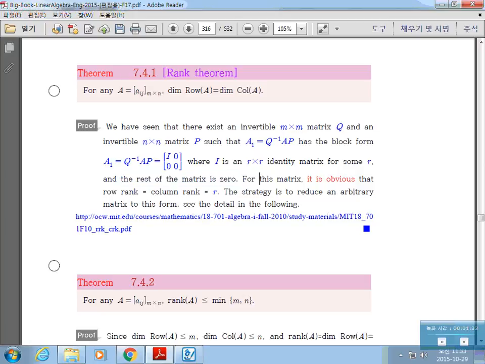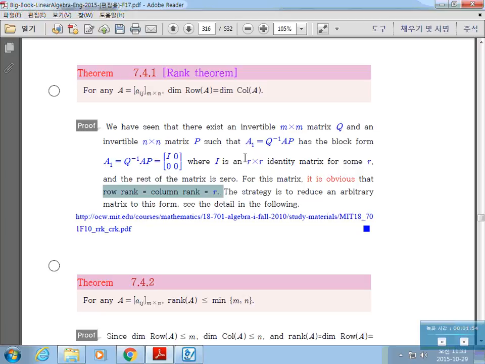For this matrix, it is obvious that the row rank and column rank are both r, isn't it? There are r linearly independent rows and r linearly independent columns. So the row rank and column rank are both r.